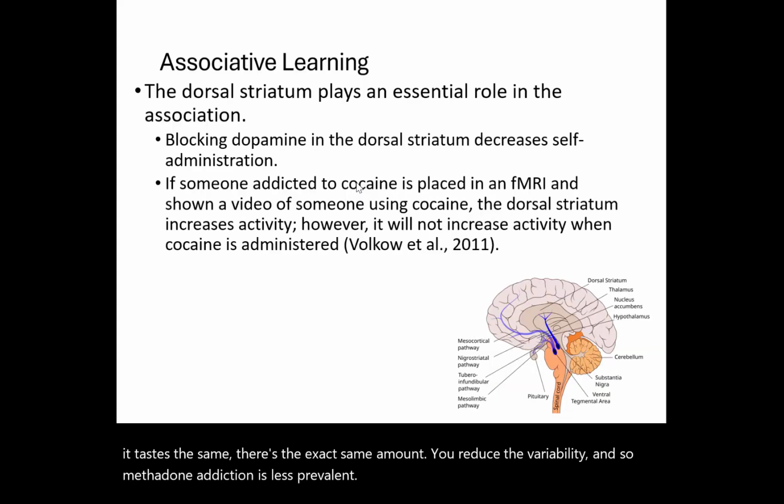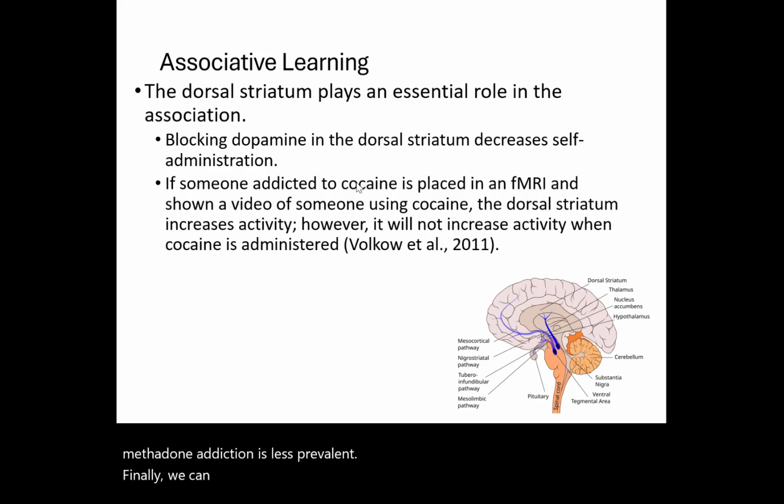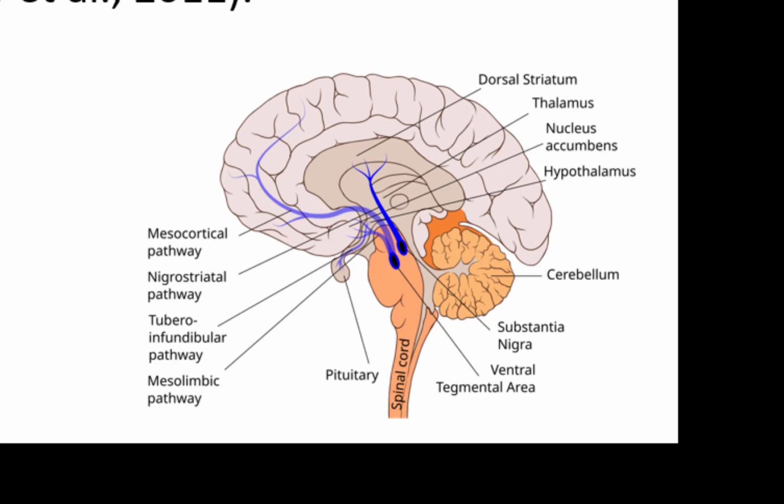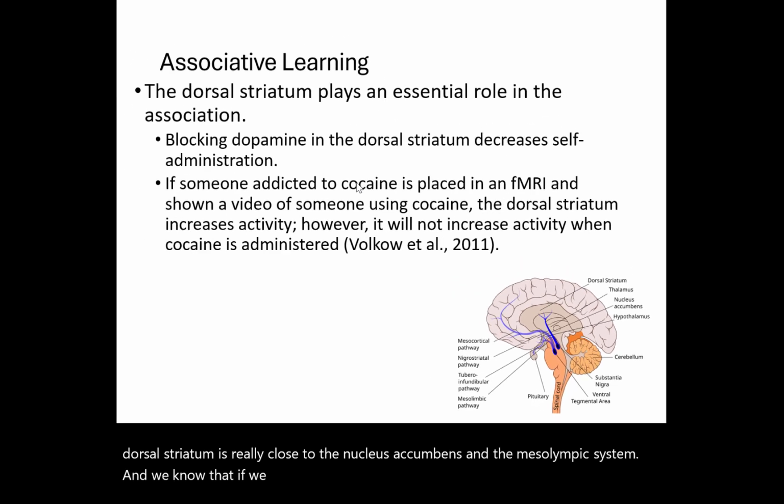Finally, we can look neurologically at these associative processes. As one example, there's an area of the brain called the dorsal striatum. And you can see here that the dorsal striatum is really close to the nucleus accumbens and the mesolimbic system. And we know that if we block the dorsal striatum activity, we don't get the self-administration. We don't get the long-term associative problems.